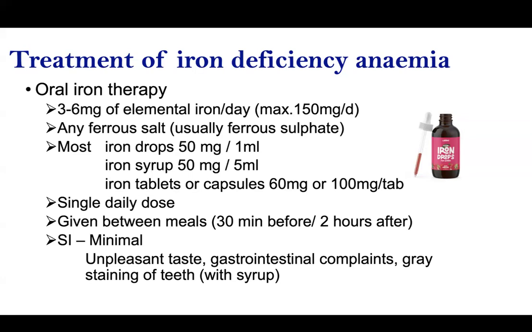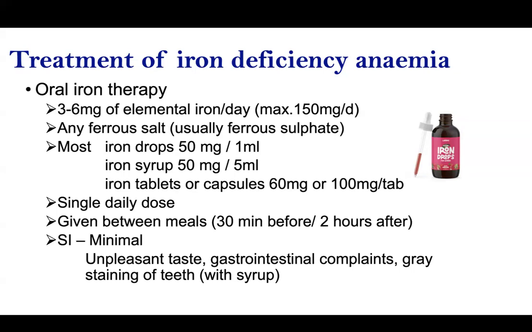Normal multivitamin syrups which contain iron will not be sufficient to treat iron deficiency. You need to use an iron-containing syrup, only iron. Generally the iron drops will have 50 milligrams of elemental iron in 1 ml. Normal iron syrups will have 50 milligrams in 5 ml. But double check by going through the drug information leaflet.